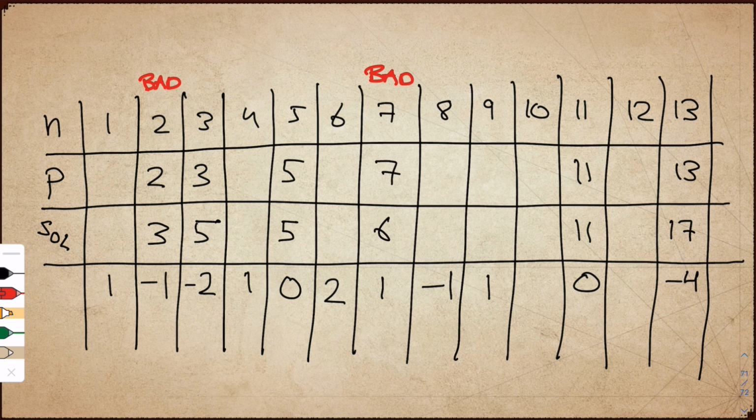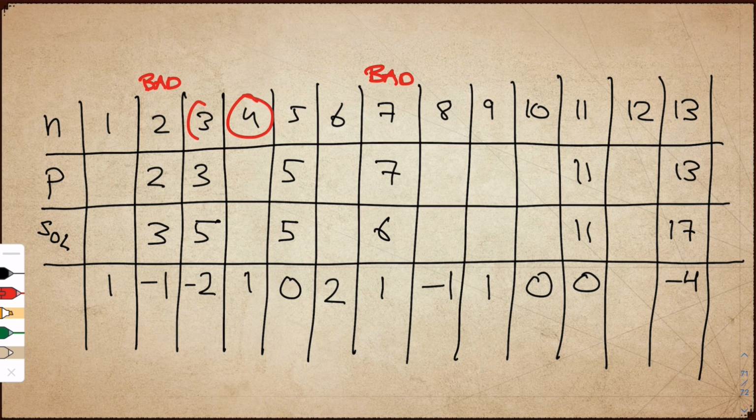For 10, 10 is 2 times 5. I need to take minus 1 times 0, and that is 0. And finally, if I decompose 12 into prime powers, I get 4 times 3. So I need to take minus 2 times 1, and that gives me a minus 2.